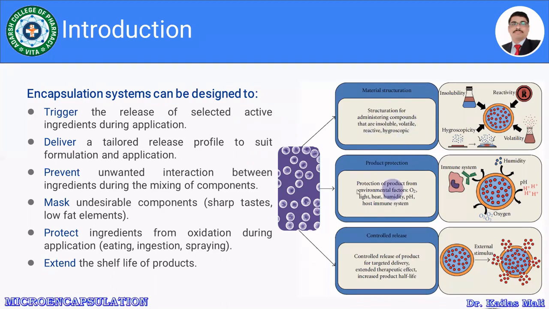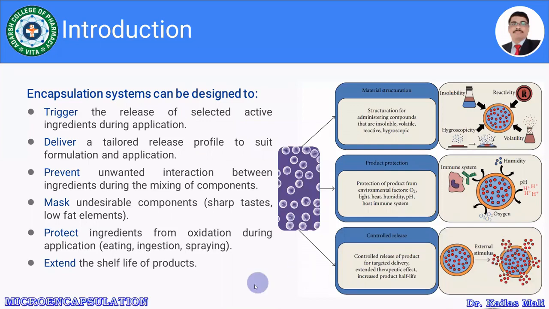Product protection means protection of the product from environmental factors, that is oxygen, light, heat, humidity, pH, and the host immune system. Then we get controlled release of the product for targeted delivery, which is going to extend the therapeutic effect of the API by increasing the product half-life.